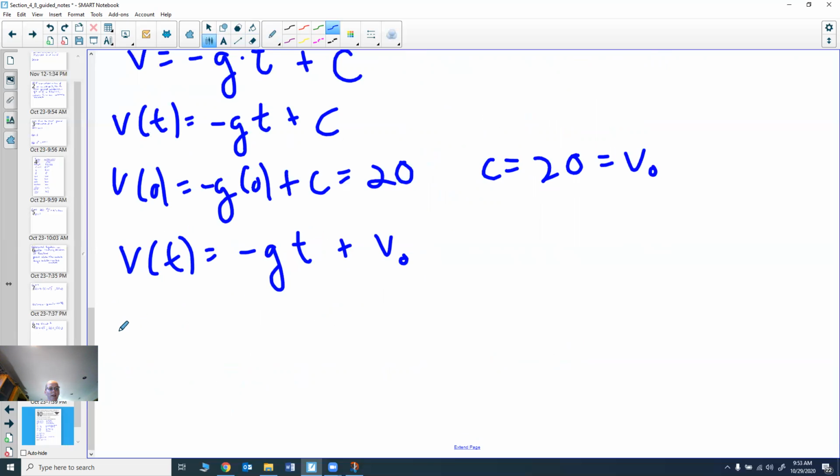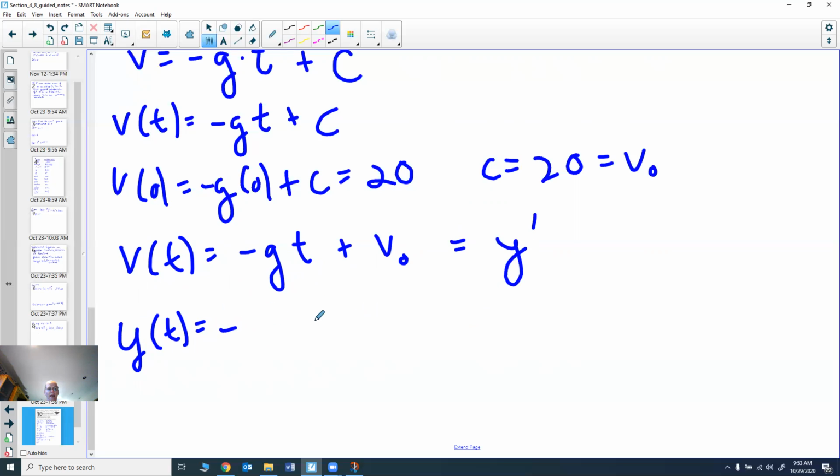So now that we have v, let's find our height. Our height was y. y is the antiderivative of v, because y prime is v. So just to remind you, y prime is v, so let's take the antiderivative.